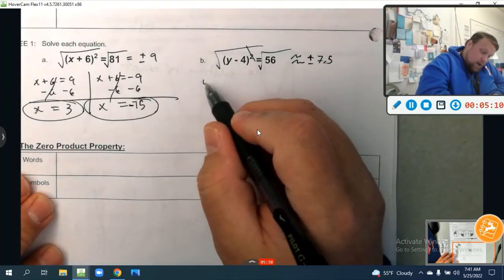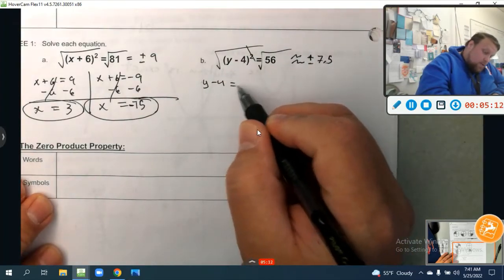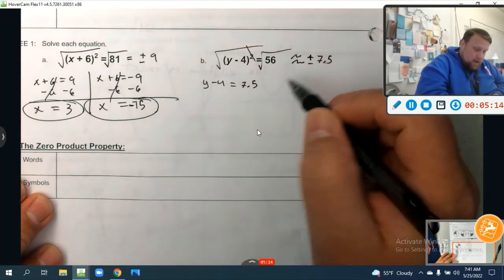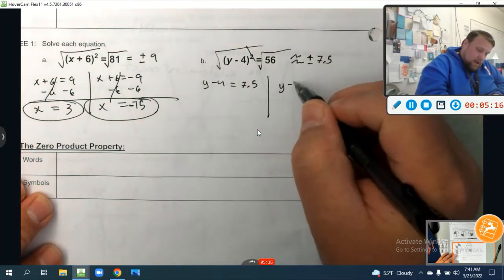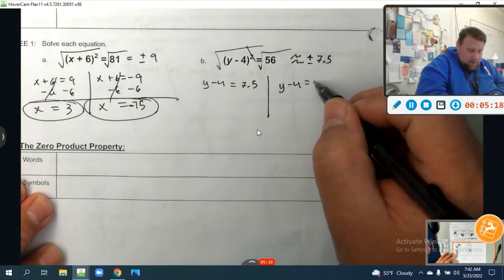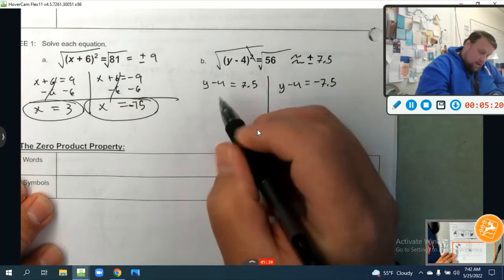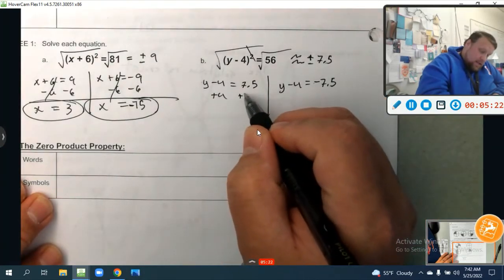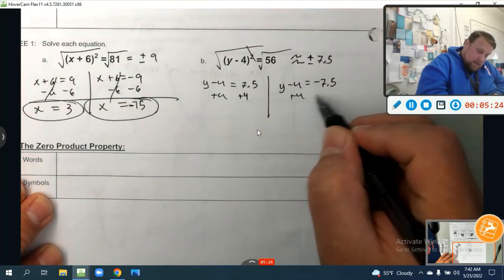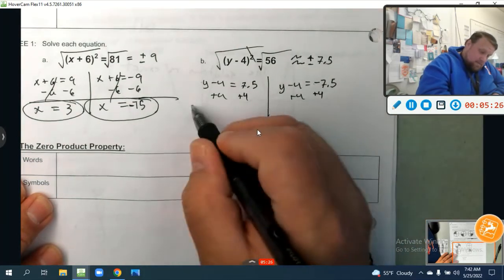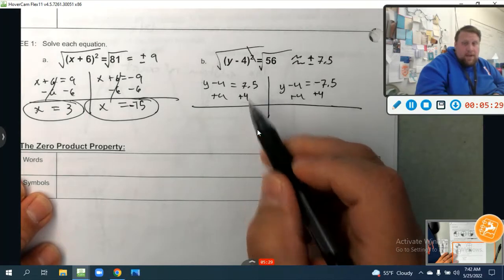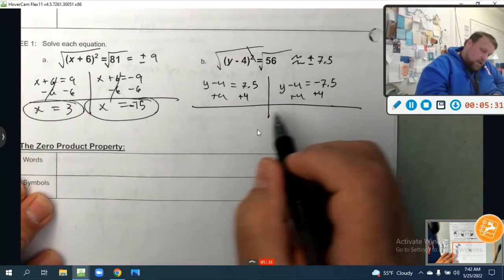So I get y minus 4 equals 7.5. And I'm going to get y minus 4 equals negative 7.5. So let's add 4 to both sides. And we're going to do it at the same time. Why not? Remember, you're adding 4 to the 7, right? Not to the 0.5. That'll line up.